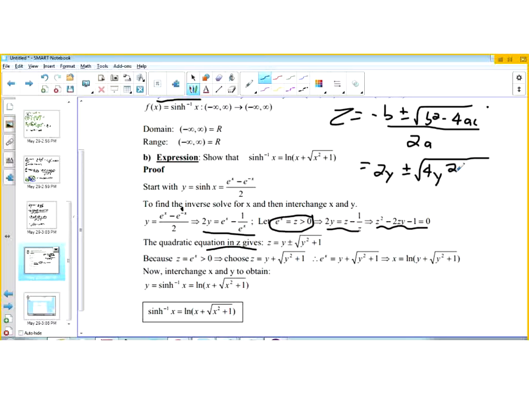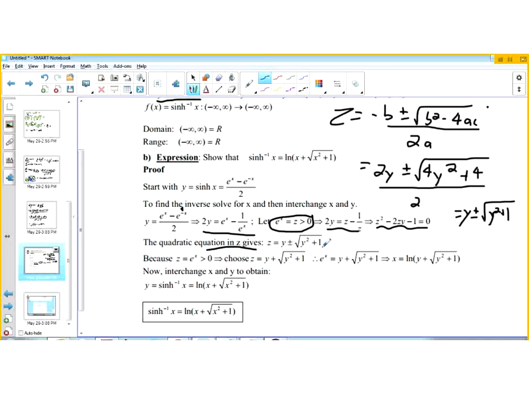Okay, and a is 1, c is negative 1, so that would be 4y squared plus 4 all over 2a, over 2. And so this would equal, after simplification, y plus or minus the square root of y squared plus 1, as they've shown here.